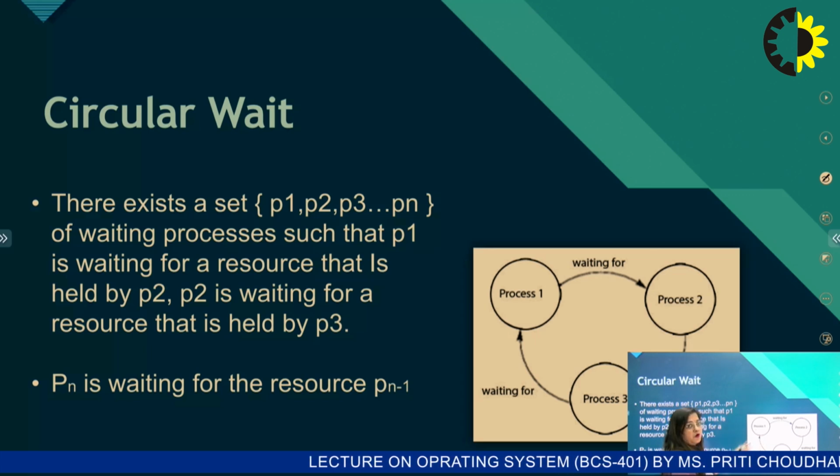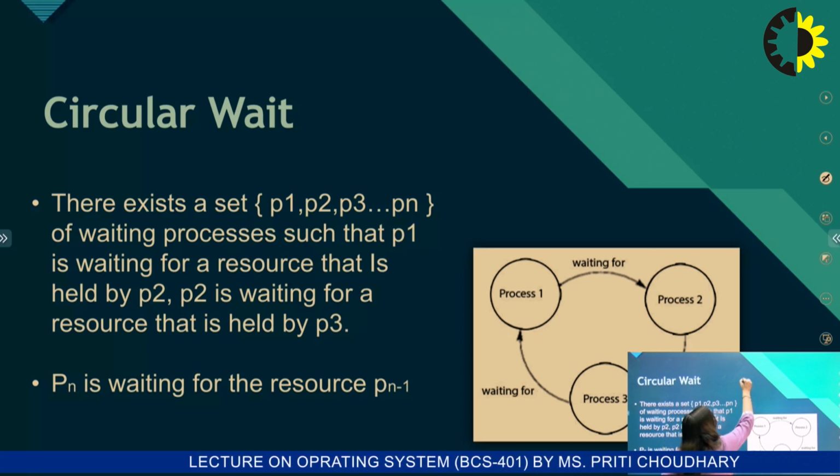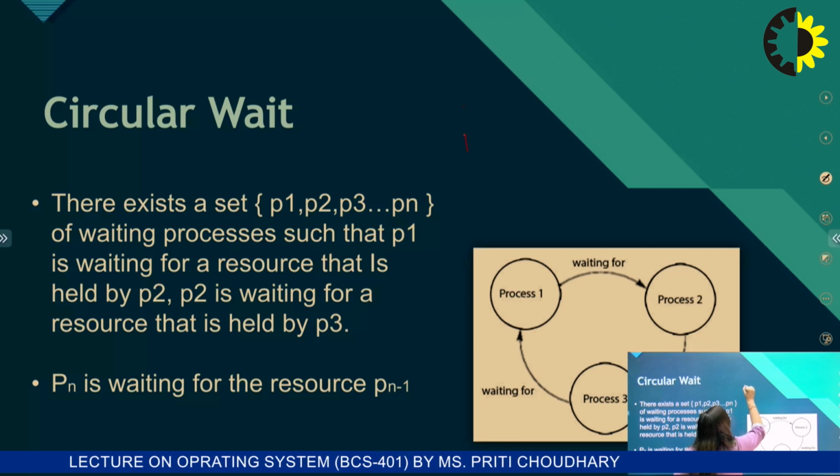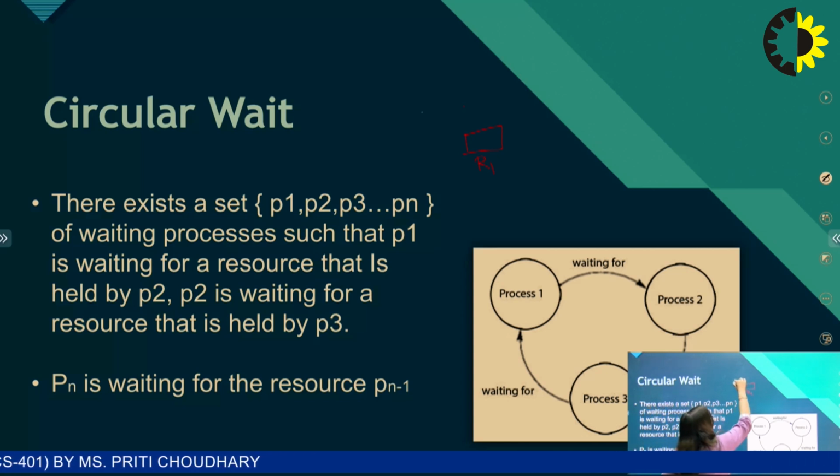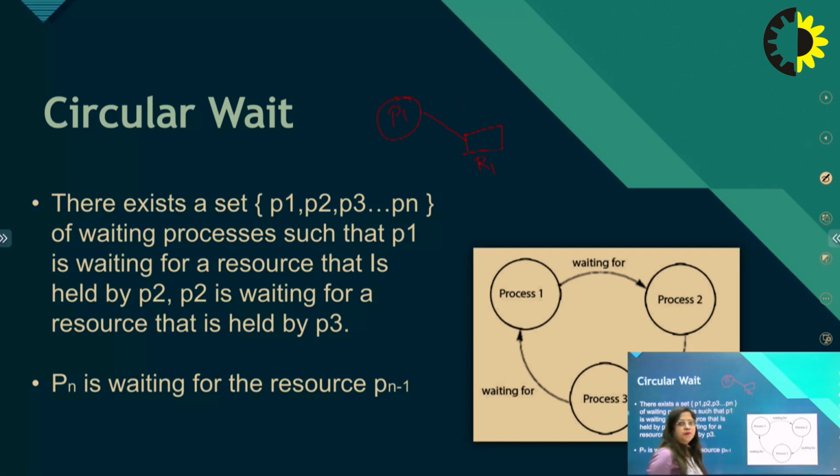How can this happen? Now take an example. Let's suppose this one is R1, and R1 is acquired by P1.